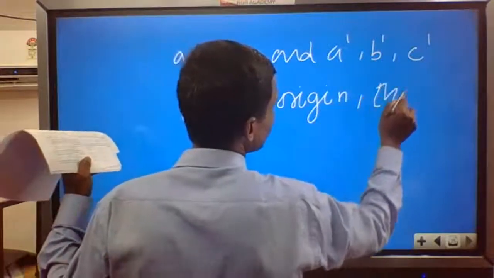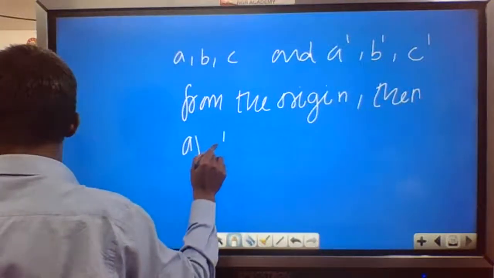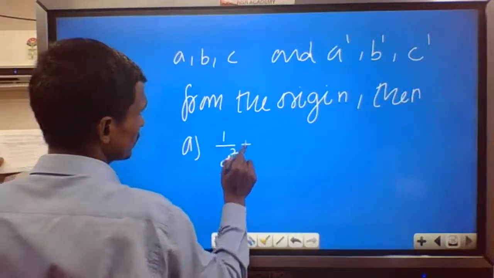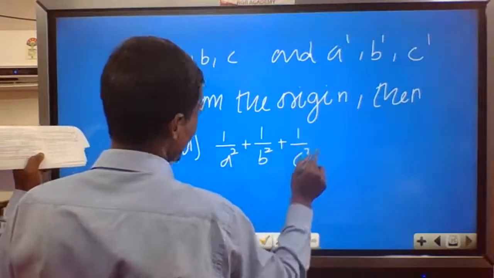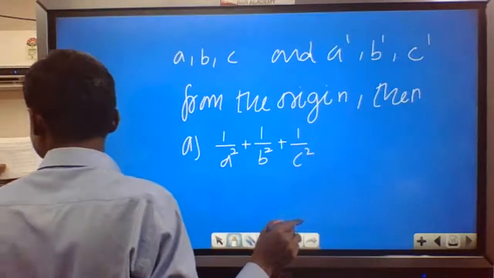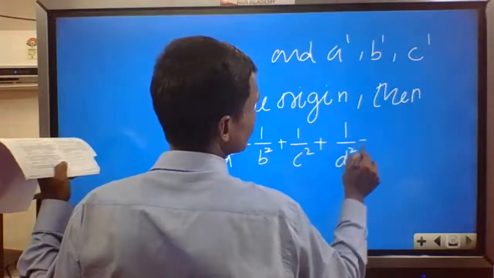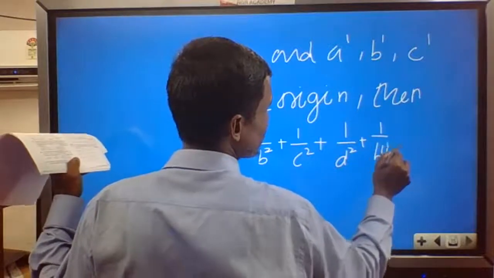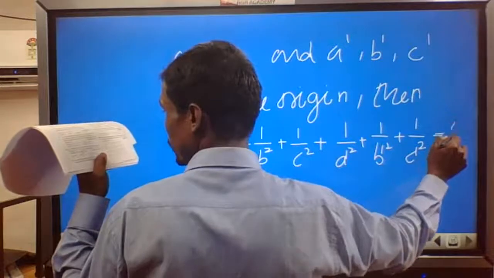Then the first option: 1 by A square plus 1 by B square plus 1 by C square plus 1 by A prime square plus 1 by B prime square plus 1 by C prime square equal to zero.